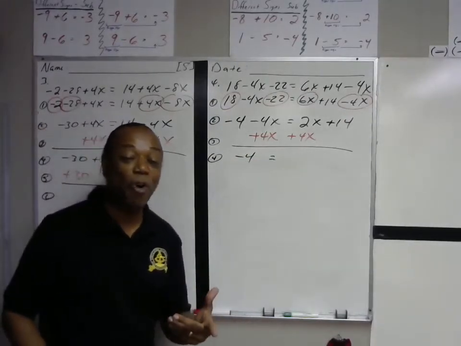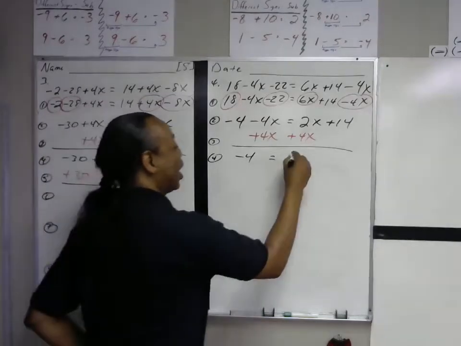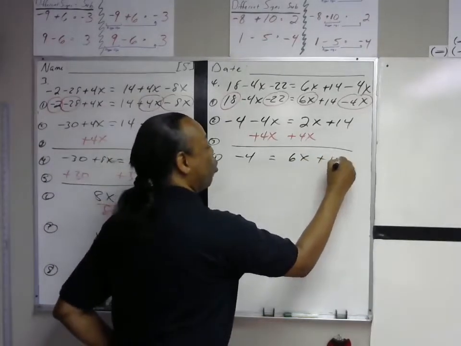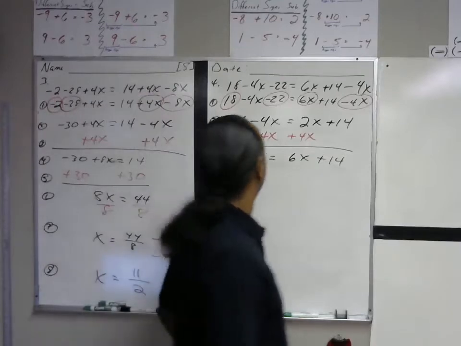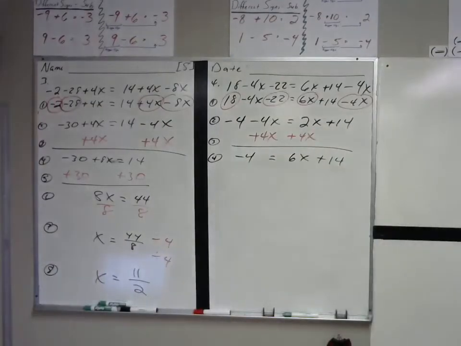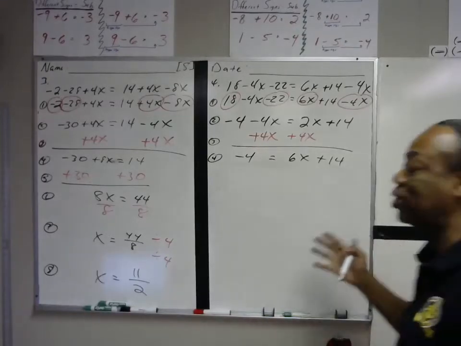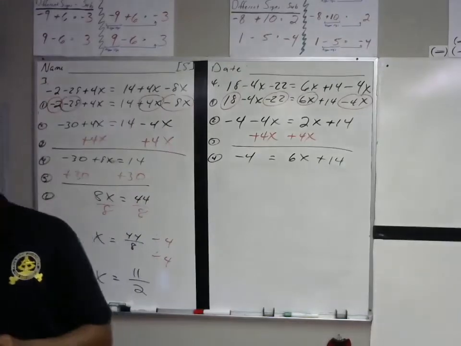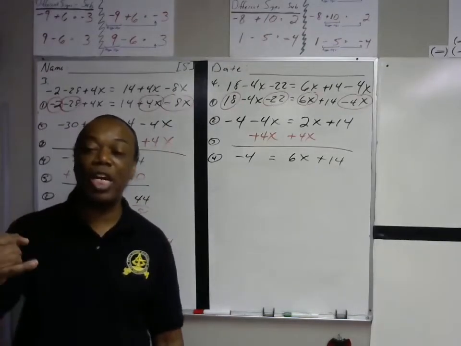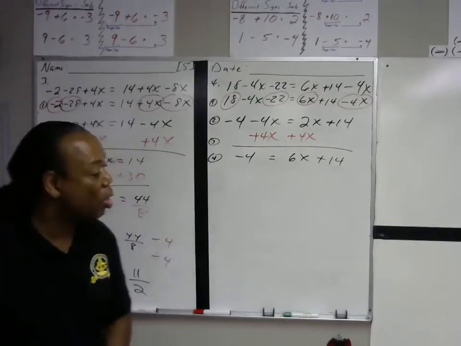So class, negative 4 is going to equal 6x plus 14. Your fourth step is negative 4 equals 6x plus 14. And it becomes a right side problem. Which means we need to get rid of that adding 14 and the multiplying 6.